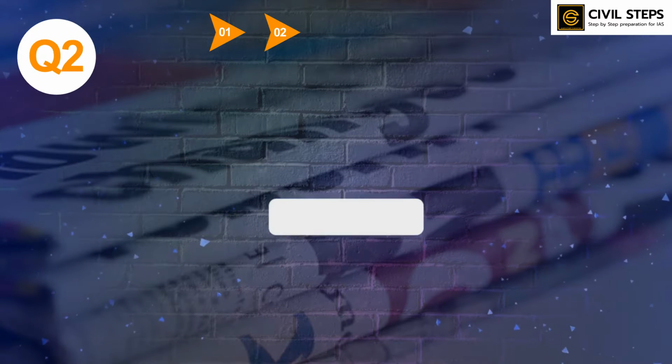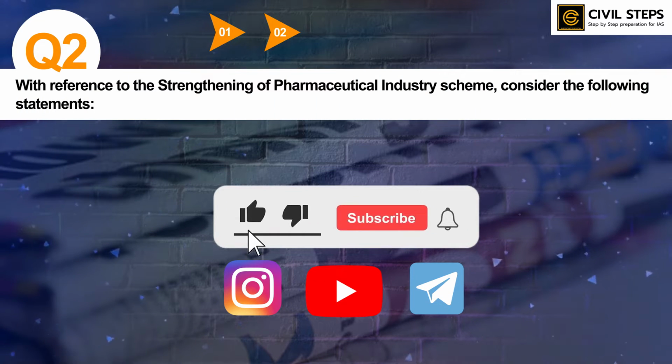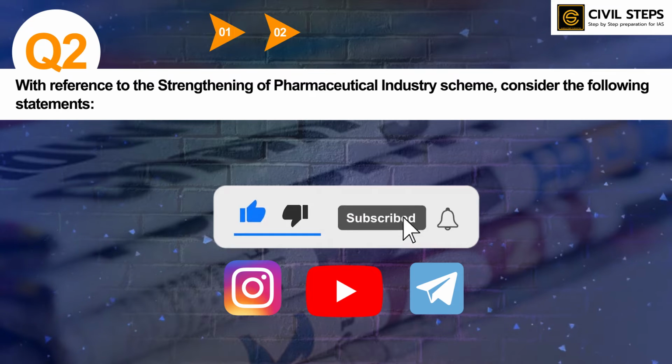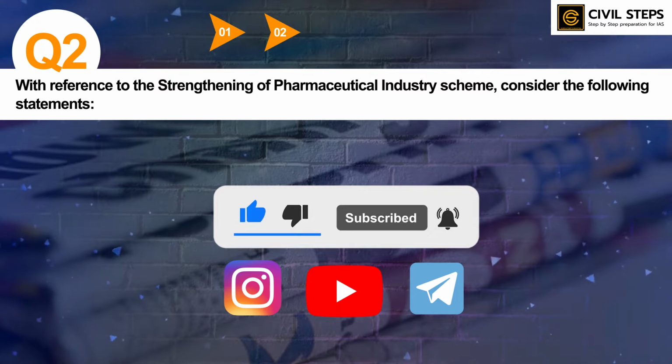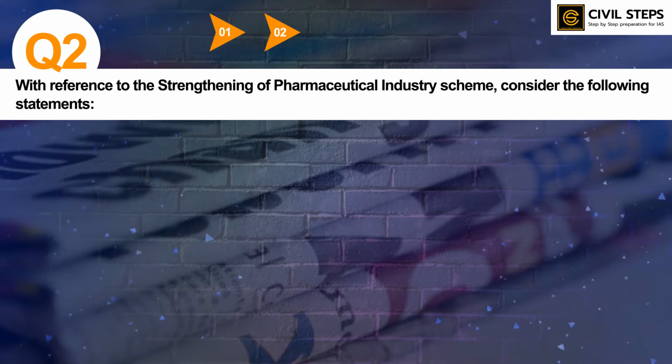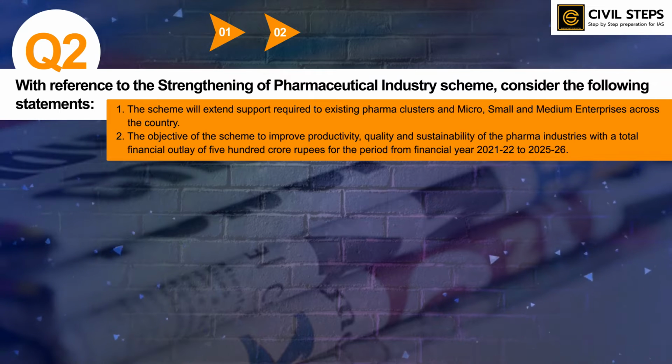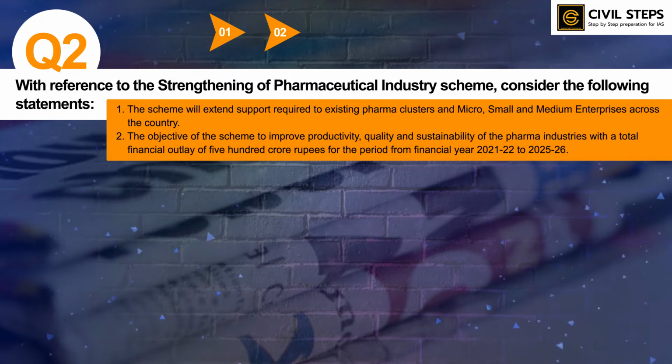Let us discuss the second question. With reference to the strengthening of pharmaceutical industry scheme, consider the following statements. First, the scheme will extend support required to existing pharma clusters and MSME across the country.